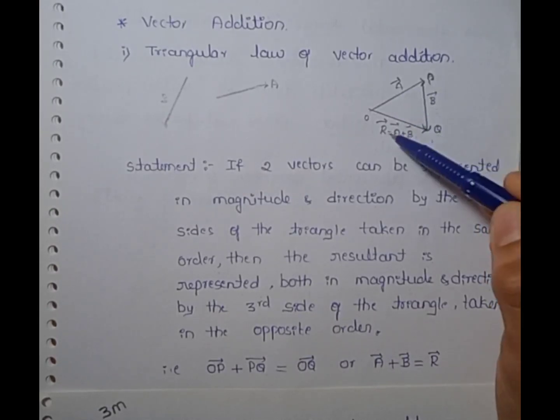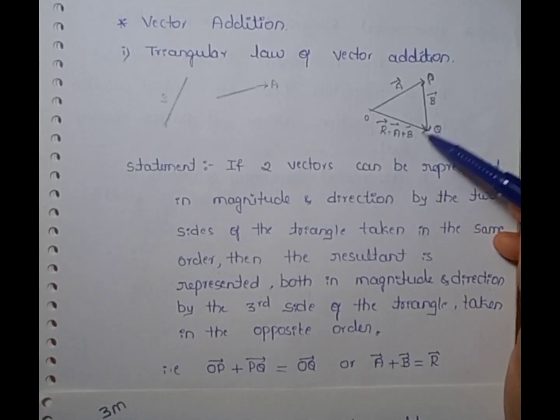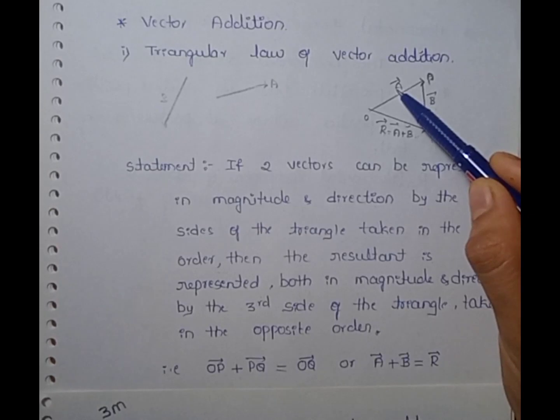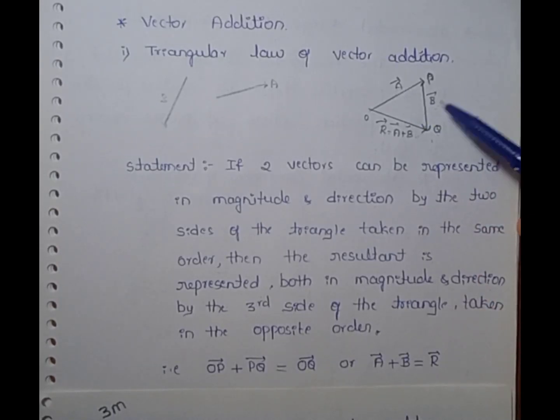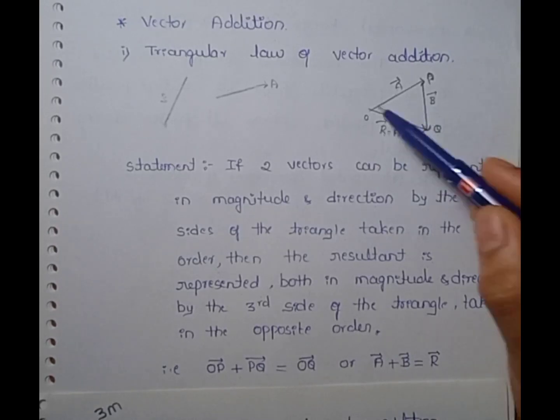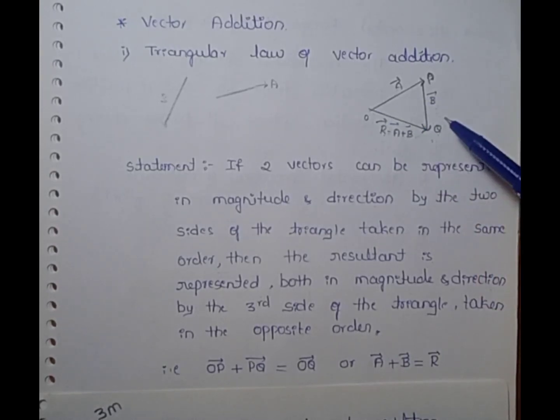That is, OP vector plus PQ vector is equal to OQ vector, or that is, vector A plus vector B is equal to vector R. This one is the triangular law of vector addition. Clear ಆತಾ?